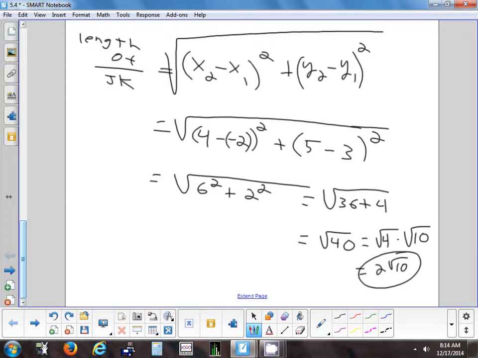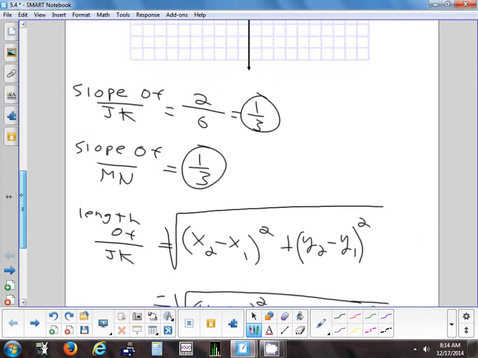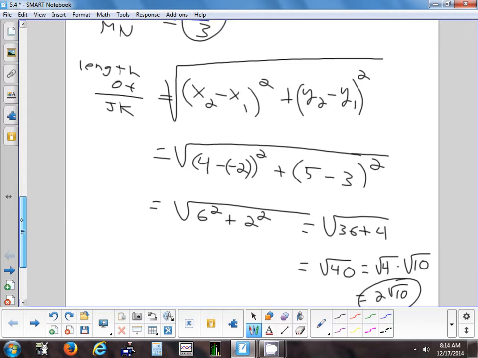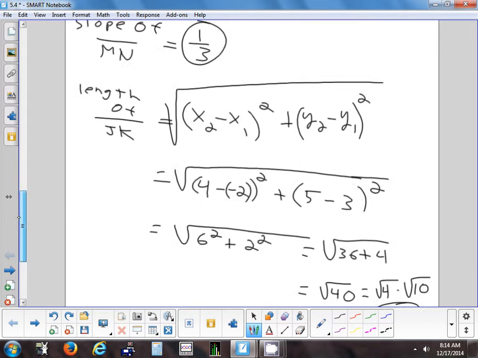That number is 2 times the square root of 10. So what's half of 2 times the square root of 10? It'd be 1 times the square root of 10, or just the square root of 10. So that's what we're hoping we're going to get. Let's set up our formula. So length of MN.